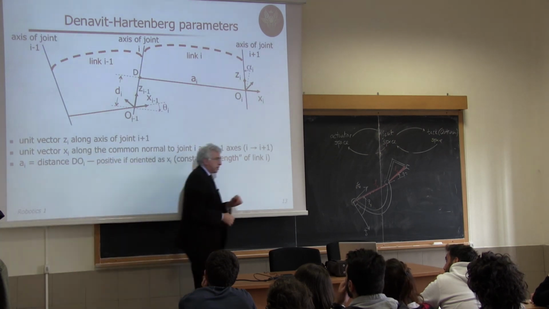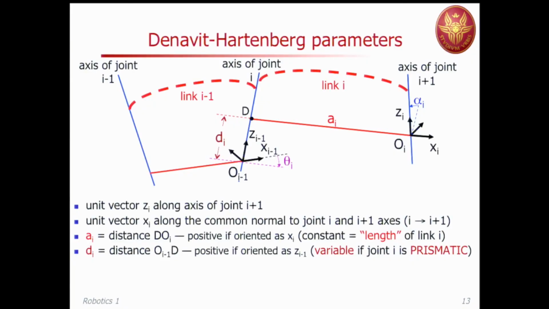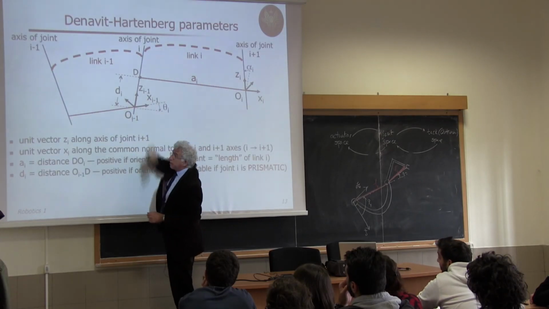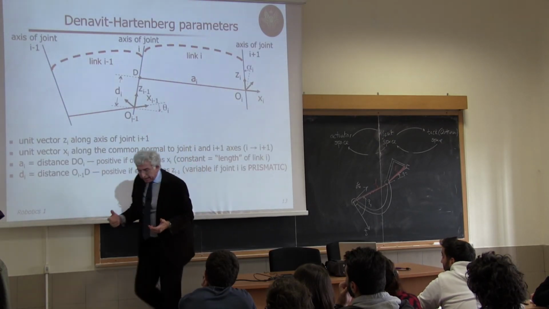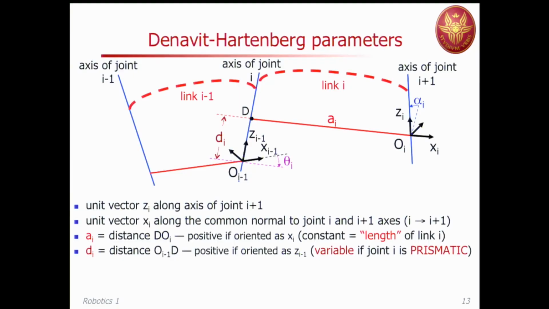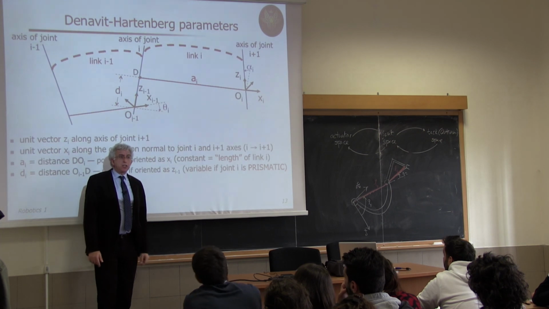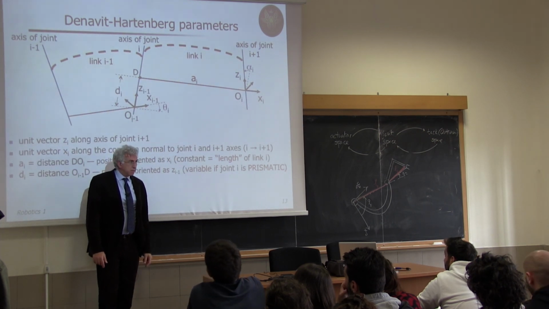So this is constant. The next one is another distance, from Oi minus 1 to D. Again, this is variable if the joint I is prismatic, otherwise it's a constant. And in any case, it's positive if I'm moving from here to there in the same direction of the Zi minus 1 axis.